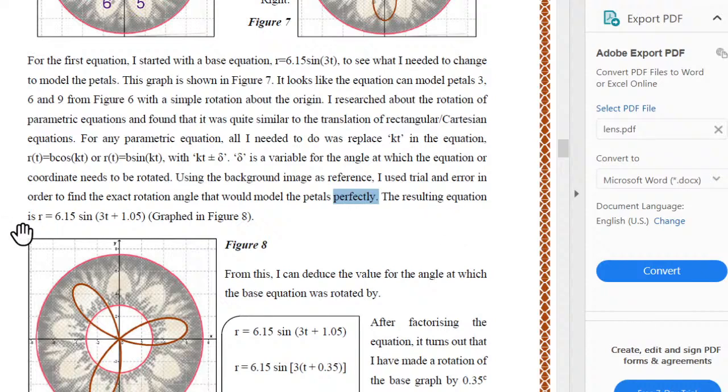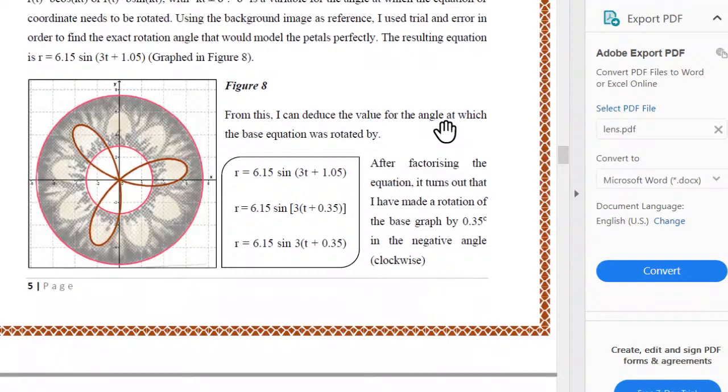The resulting equation is this. Okay, they didn't talk about it, but it's all presumed at the same radius. From this, the base equation was rotated by, okay, so we're starting to get very close.